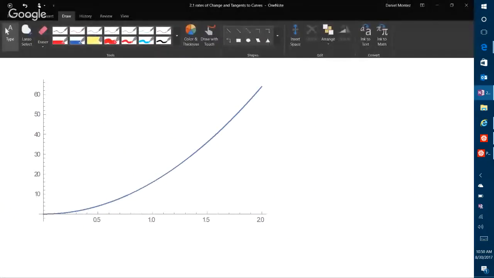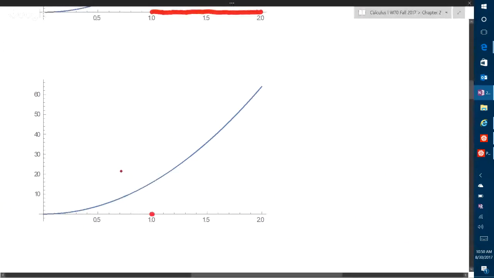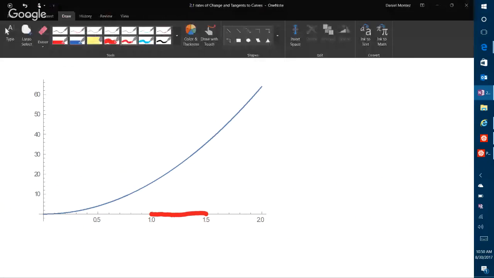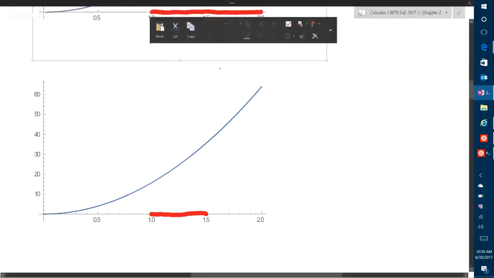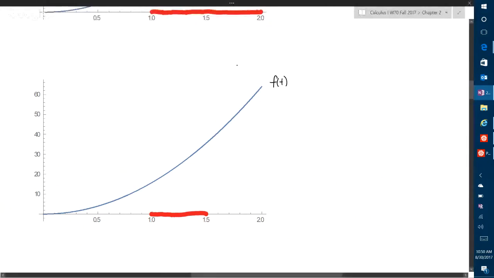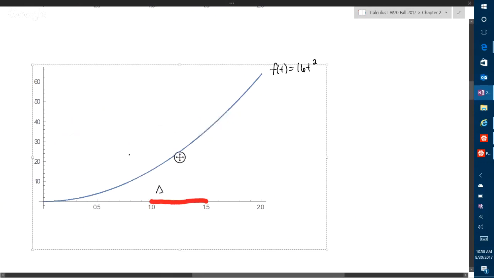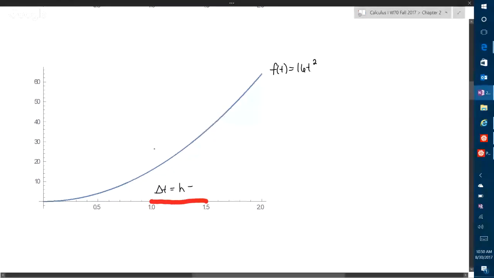So this interval will go from 1 to 1.5. f of t is equal to 16t squared. Delta t, which is equal to h. What is the length of this interval? 0.5. 1.5 minus 1.0, if we didn't have the graph. That's how we can calculate it.